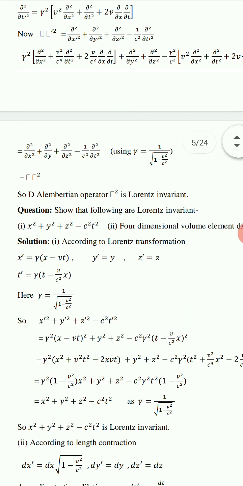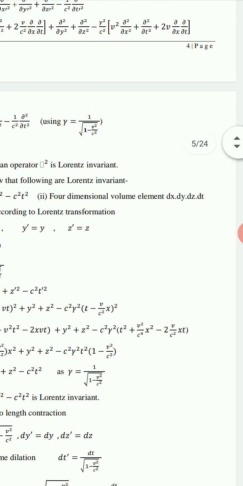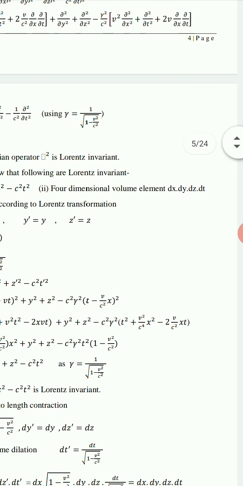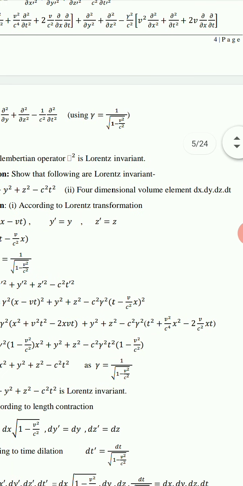There is another question. Prove that the following are Lorentz invariant. First, x square plus y square plus z square minus c square t square. And second, the four-dimensional volume element dx, dy, dz, dt.